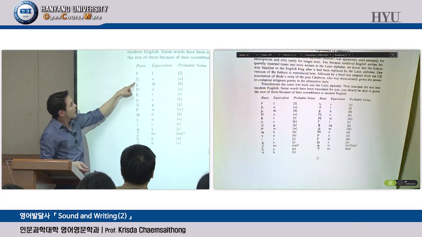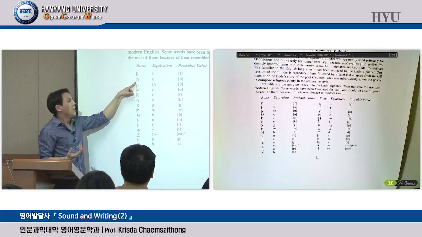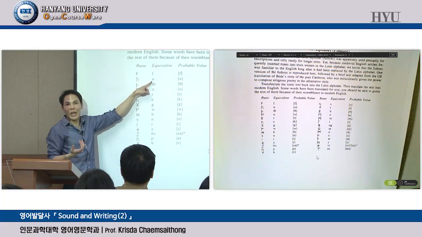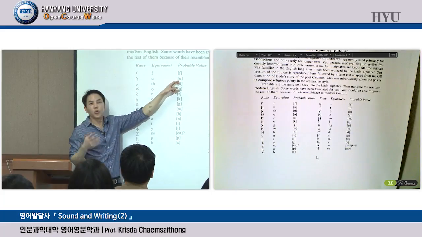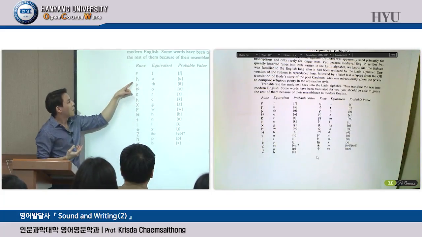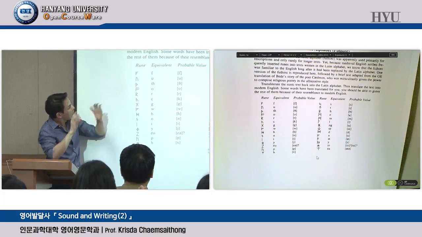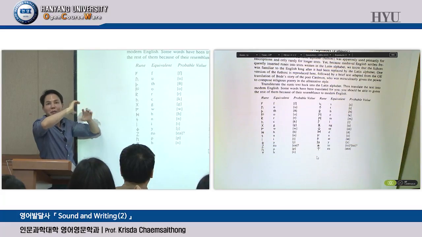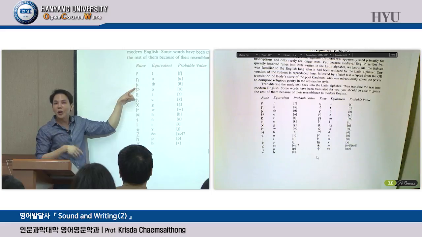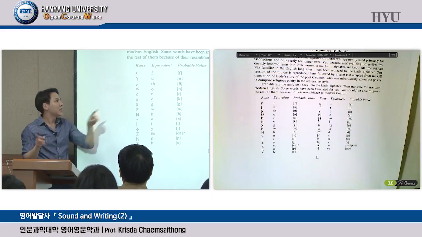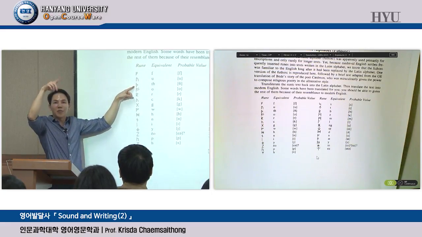The second one is different. Is U, the U sound, right? The U sound equivalent in modern English is the sound U that we study, right? But it looks like, I don't know, upside U, upside U, upside U. The third one, TH. Remember, we saw this in the first class. It's the P-like thing. It stands for the TH sound, right?